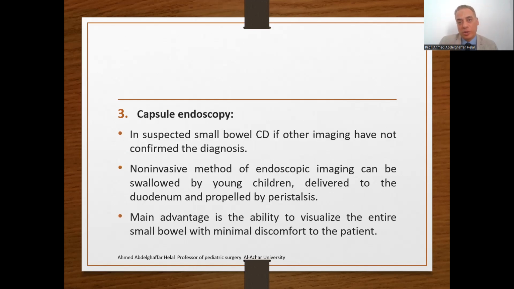Recently, capsule endoscopy is a non-invasive form of endoscopy to image the small bowel and diagnose involvement of part of the small bowel in Crohn's disease. It's very important to visualize the entire small bowel with minimal discomfort; it can now be swallowed by children and can be safely used in children.